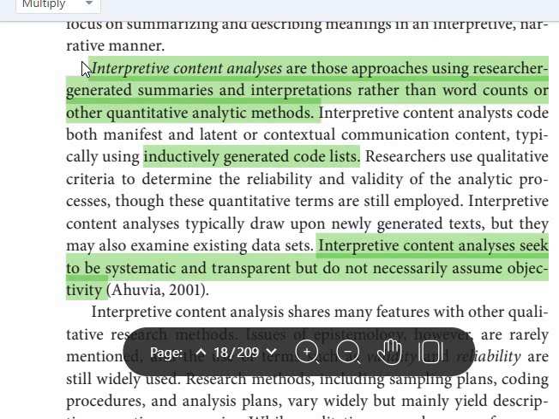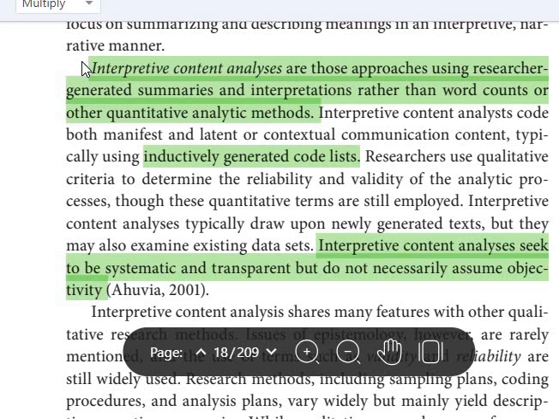However, in the interpretive, you use your own summaries and your own interpretations. You're explaining a certain phenomenon, so you should provide evidence from the context. That's why the context is mainly focused on in this approach. So you're not focusing on word counts.